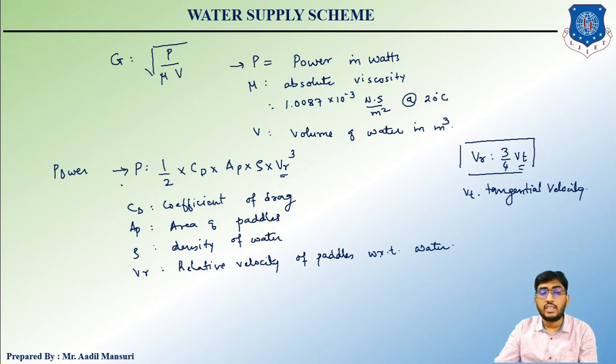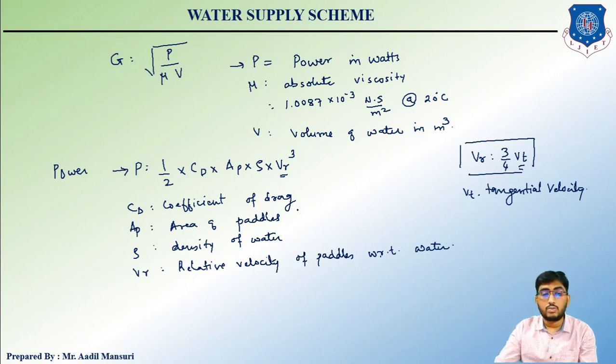Then there is another equation, P equals 1 by 2 CD AP rho into VR cube, and VR is the relative velocity of paddles with respect to water. If it is not given in the data, then we have to assume VT, that is tangential velocity, and from there we can find out VR.